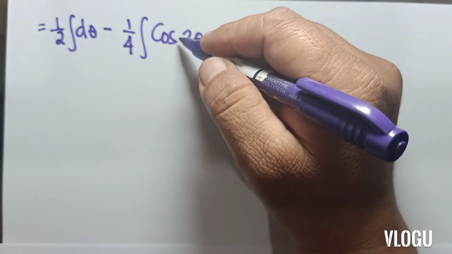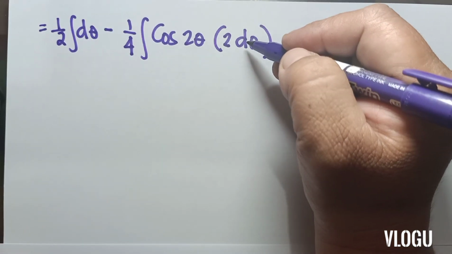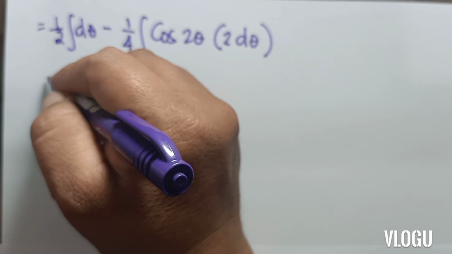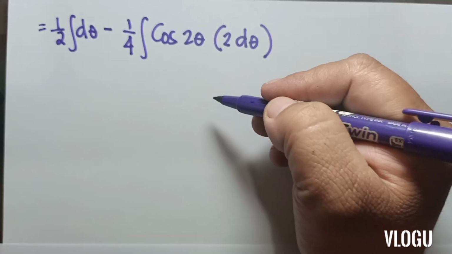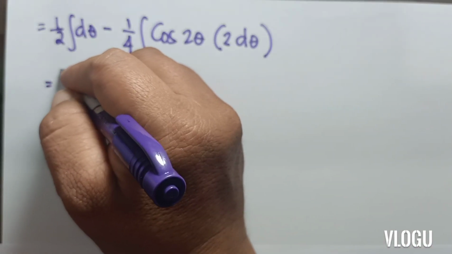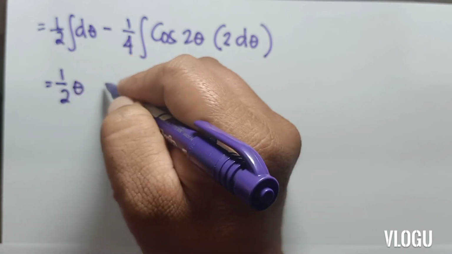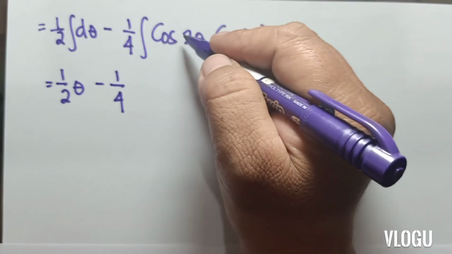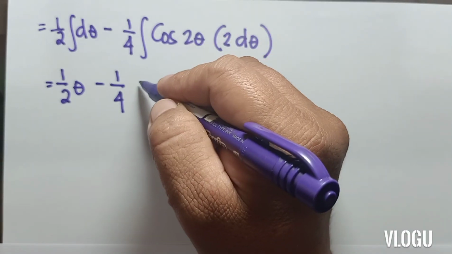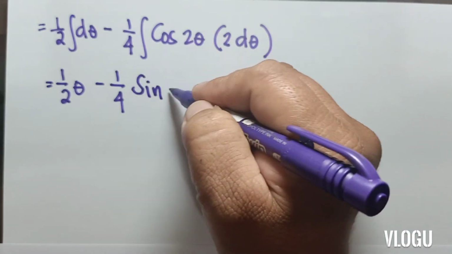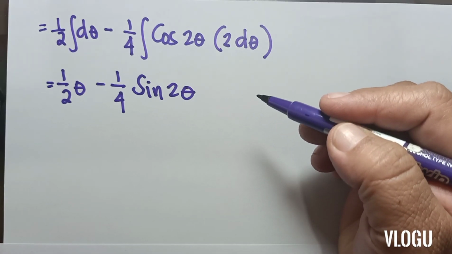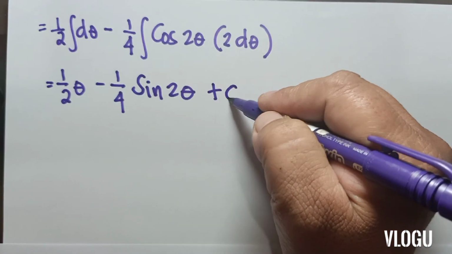So we have a form of cosine u du. The integration would be equal to 1/2 theta minus 1/4 sine 2 theta plus c.